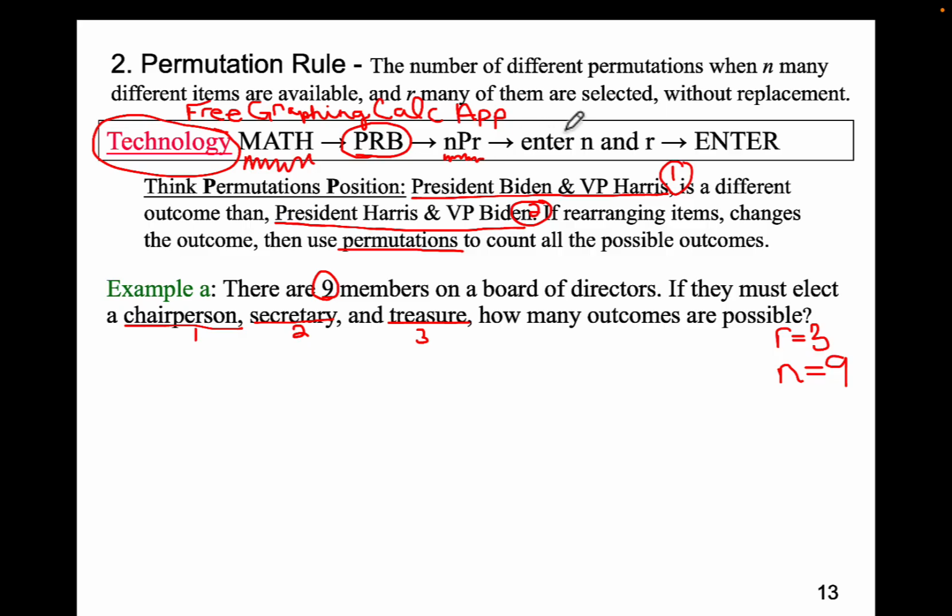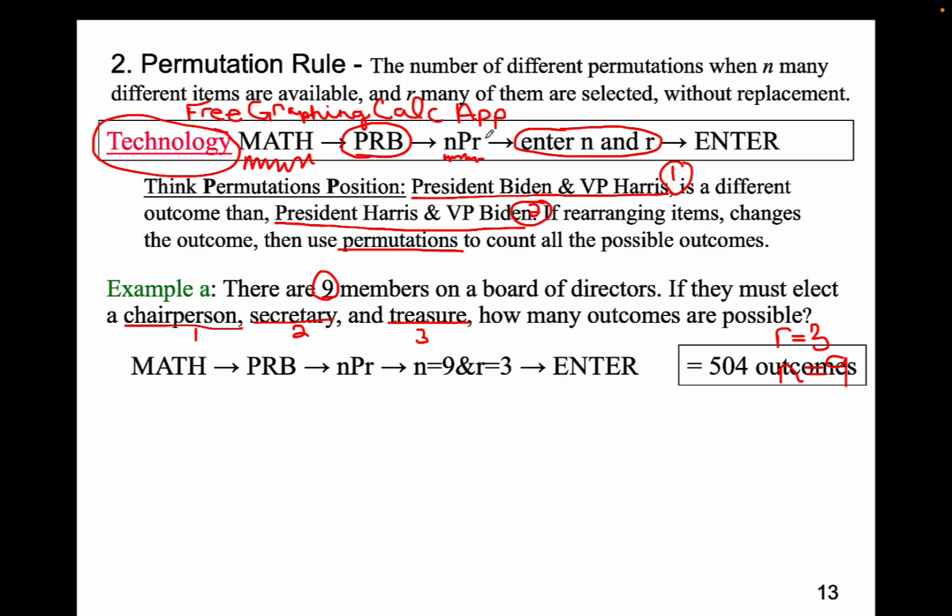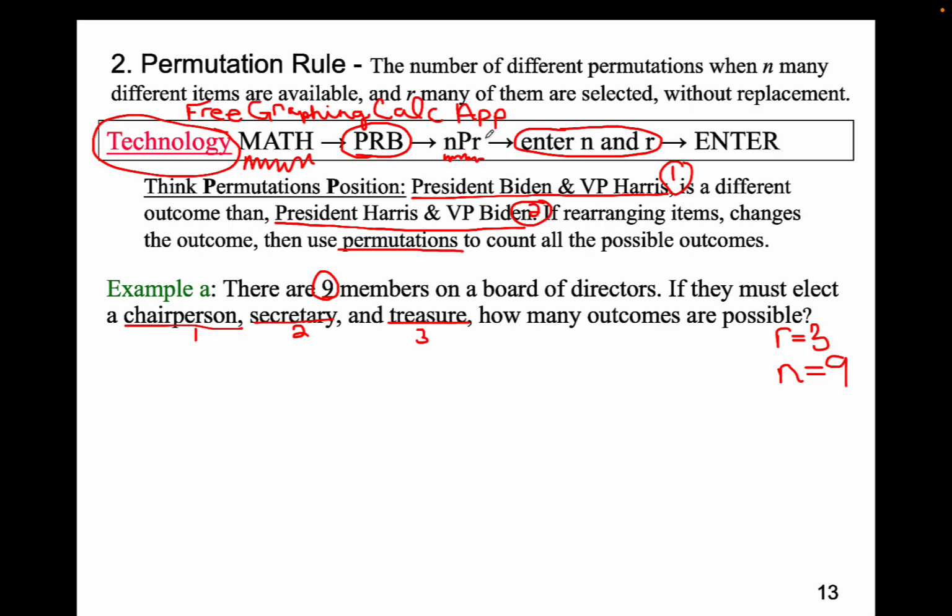Next thing we need to do is enter n and r. n is 9, r is 3. Make sure you enter them in the correct place. It goes n, followed by the capital P, followed by r. So it would look like n, so 9, capital P, and then r, so 3. This is what it should look like on my calculator screen.